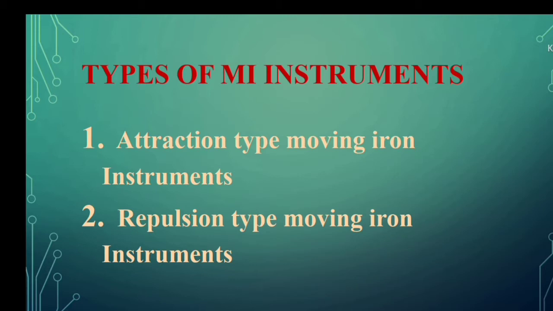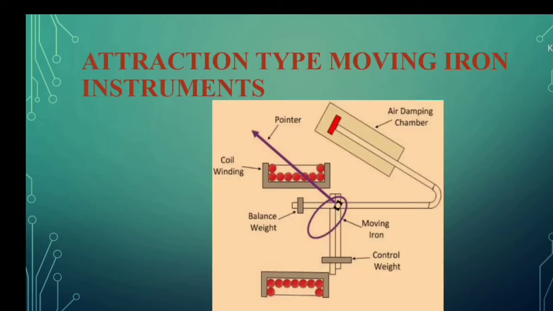There are two types of MI instruments available. One is the attraction type moving iron instrument, and the second is the repulsion type moving iron instrument. First we shall see the attraction type.